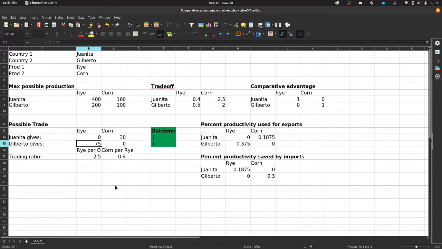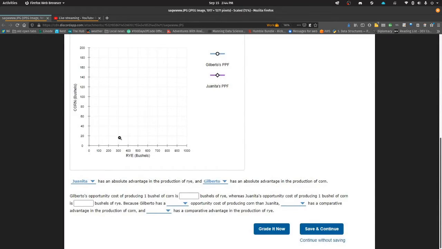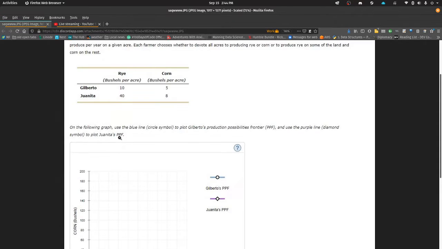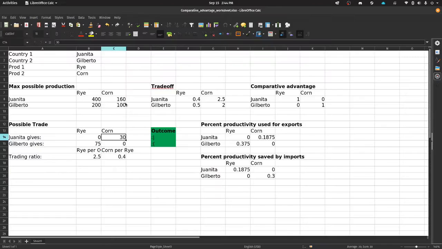There we go. 75, Juanita's breaking even. She's giving up 30 units of corn. So she's giving up a few acres' worth of corn, and those few acres could produce a ton of rye. So unless she's getting paid enough rye, she's not happy. If we give her 76, that's enough that she is getting more than she could produce on her own.